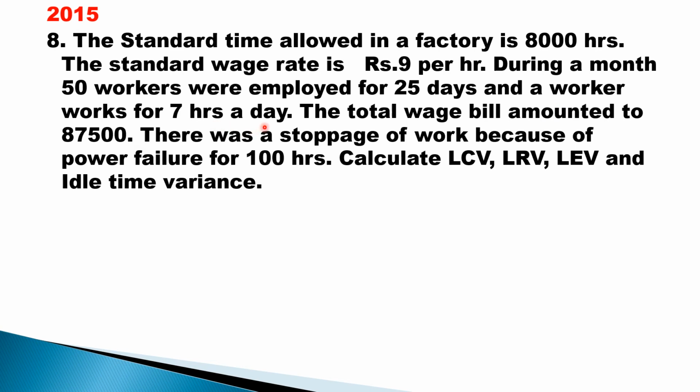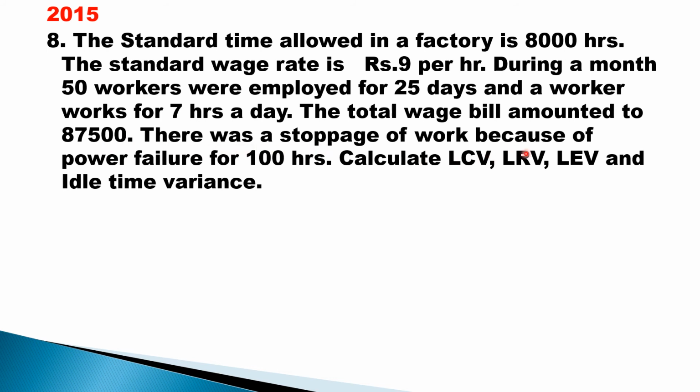So 50 workers into 25 days into 7 hours per day. If you multiply this, you get total actual time. And total wage bill amounted to rupees 87,500. So 87,500 is the total actual bill.